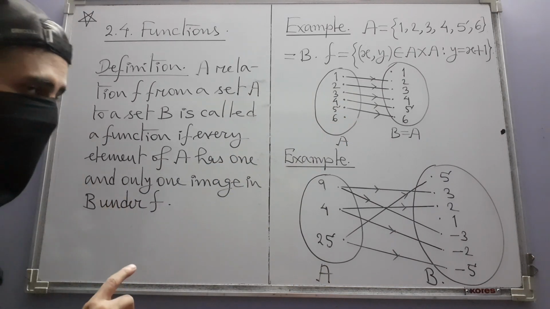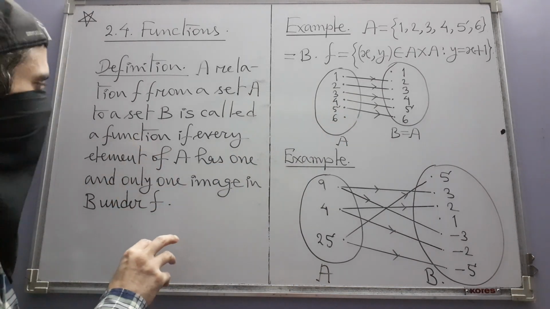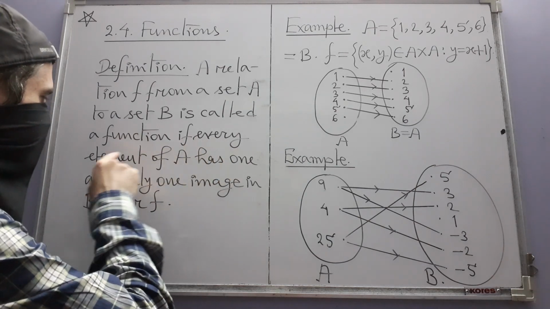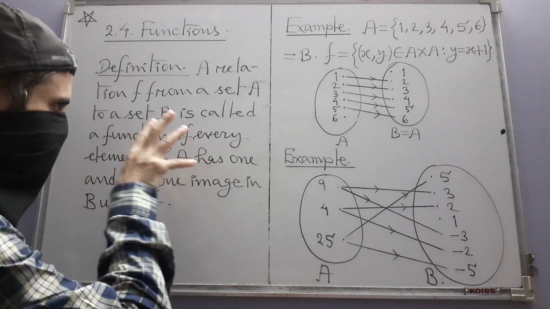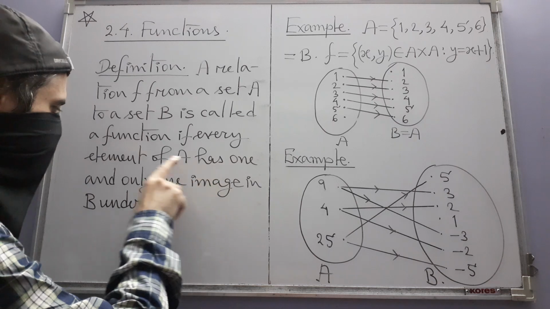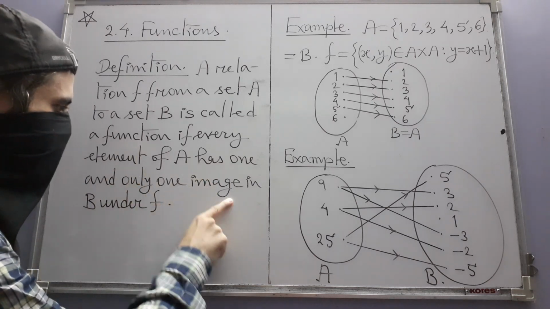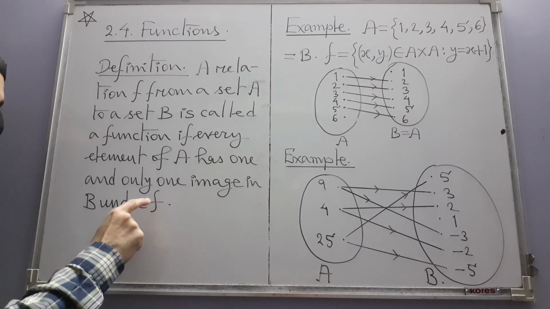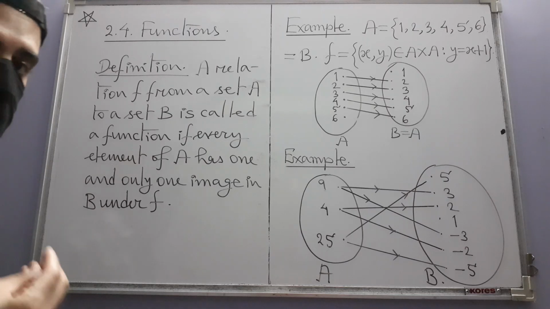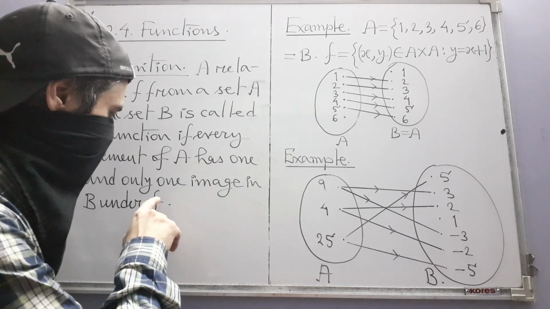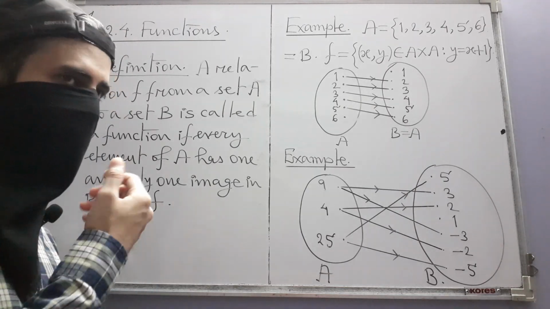But now the extra condition for it to be a function is that every element of A, of the first set, must have one and only one image in B under this relation F. If this happens, then we will say that the relation F is a function.